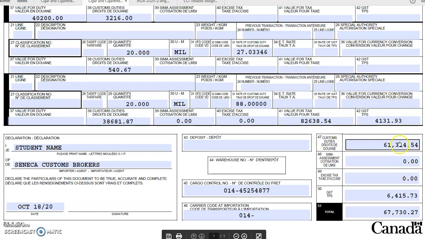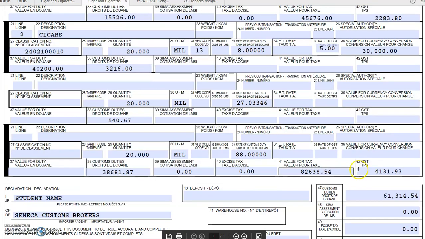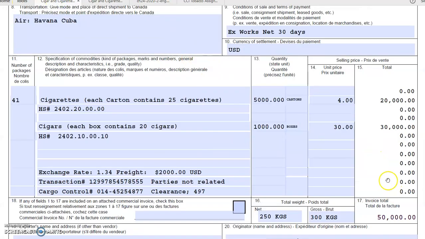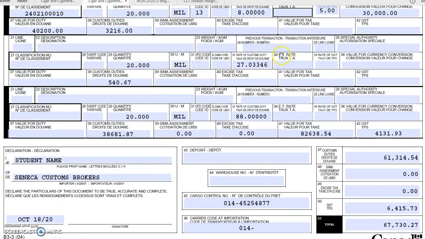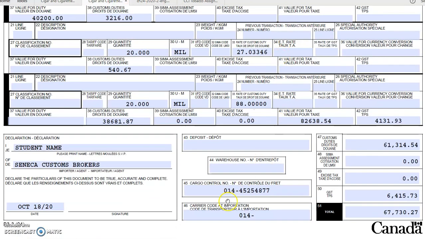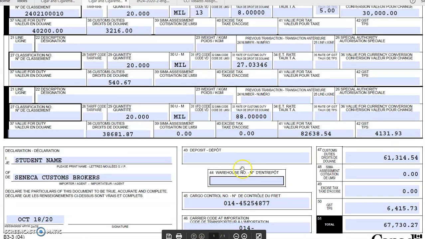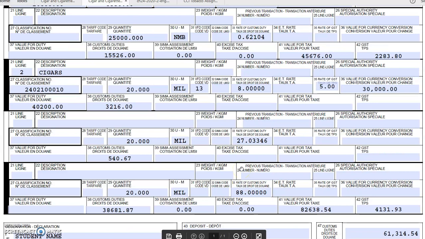And down here is the addition of all the customs and excise duties together and the GSTs. Okay, so on a shipment worth 50,000 US, you're paying $67,000 in tax. It's an expensive proposition, cigars. That's why cigars are so expensive.